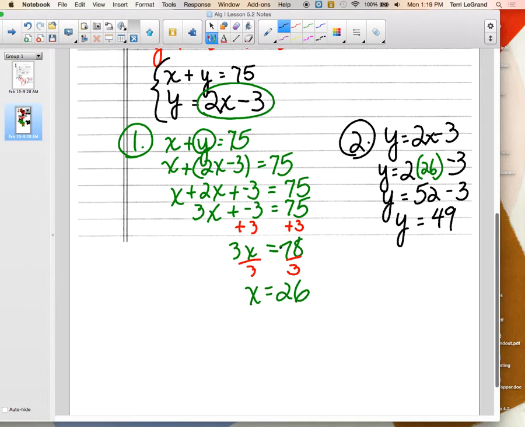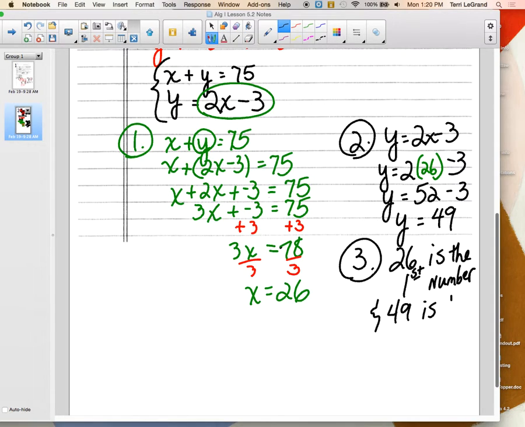So for step 3, we're not going to write an ordered pair this time because we know what x and y are representing. So we're going to say 26 is the first number. Because it matters, they have roles in this. 26 is the first number, and 49 is the second number.